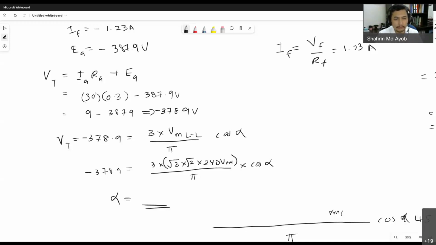Okay, 132 degrees, that is correct. So my mistake is actually that I forgot to put the negative value. It should be negative, okay?